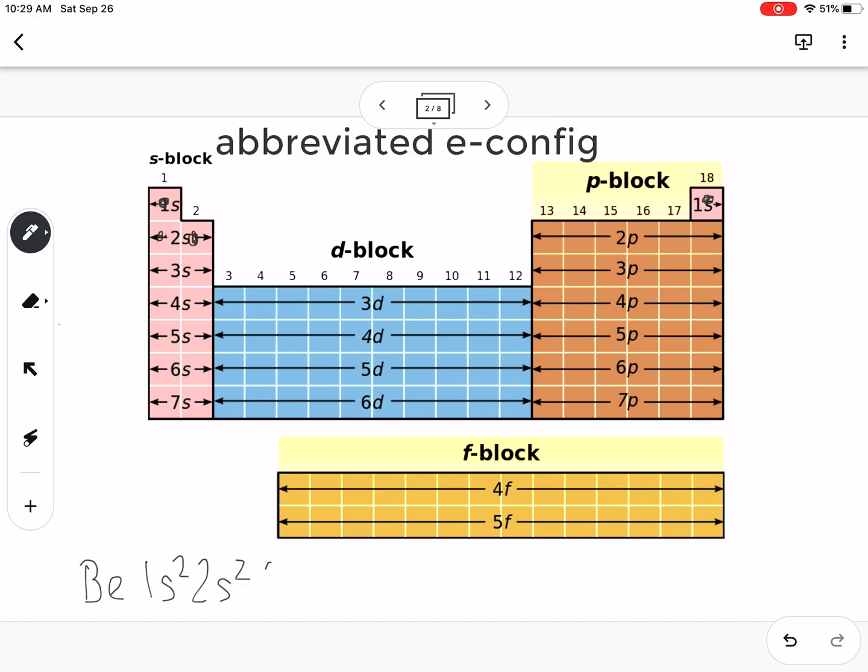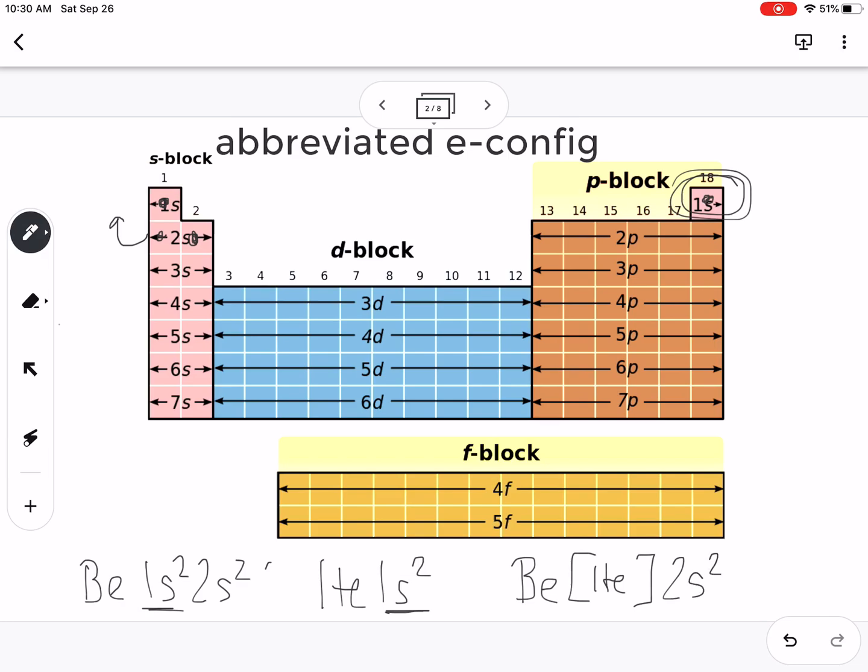So I could substitute in, but I have to go back and say, what is the last noble gas? And the last noble gas used was helium, and helium is a 1s2. So now I can take this 1s2 and substitute in here for beryllium. Beryllium, put the brackets to say I'm substituting in helium's electron configuration, and I'm left with 2s2.